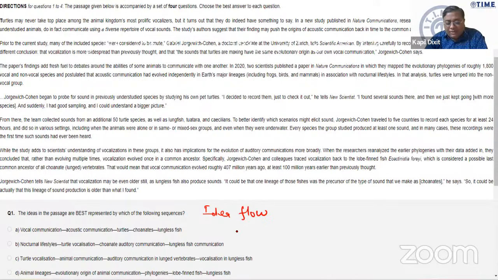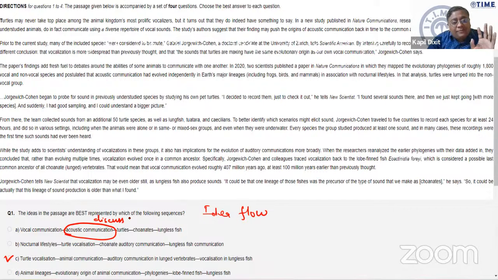Now, easily you could have marked this answer as C, because we started with turtle vocalization. Then we talked about animal communication, and then auditory communication in learned vertebrates, and then vocalization in lungless fish. Okay. Eliminate क्यों किया? क्योंकि इसको अकाउस्टिक कम्युनिकेशन को उसने एट लेंथ डिस्कस नहीं किया. डिस्कस किया है, बहुत रेफरेंस में डिस्कस किया है, एट लेंथ डिस्कस नहीं किया.